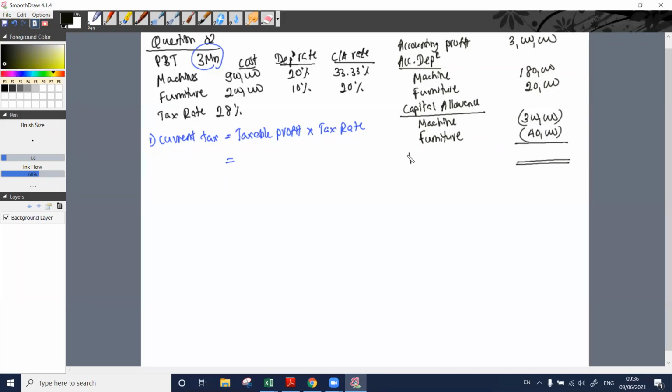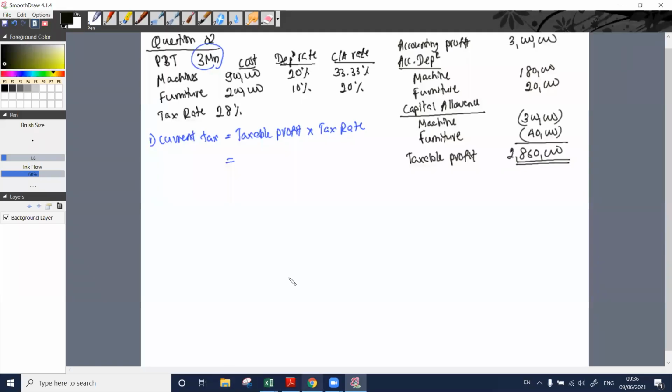Therefore, what should be our taxable profit figure? Taxable profit එක කීයක් වෙන්න ඕන? 3 million rupees plus this 180,000 and 20,000, and from that we need to deduct 300,000 and another 40,000. 2,860,000. 2,860,000. හරි නේද?